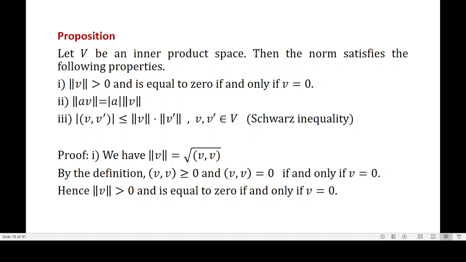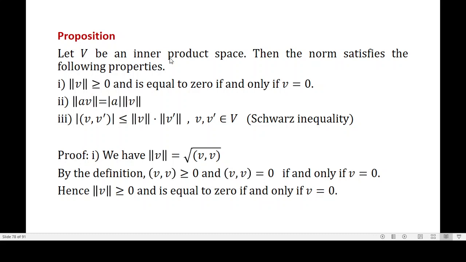Okay. Second condition is norm of a into v is equal to mod a into norm v, and absolute value of inner product of v with v dash is less than or equal to norm v into norm v dash, where v and v dash belong to V, and this inequality is known as Schwarz inequality. Okay. Now first let us prove the condition 1.